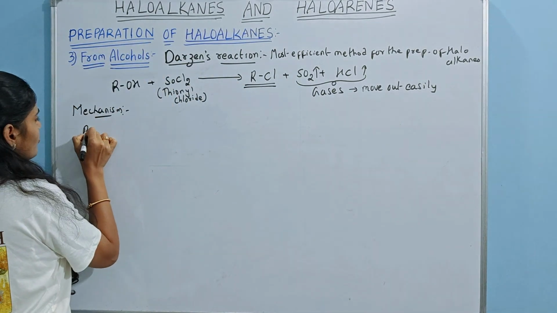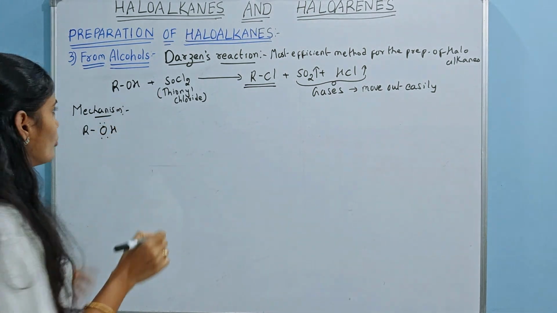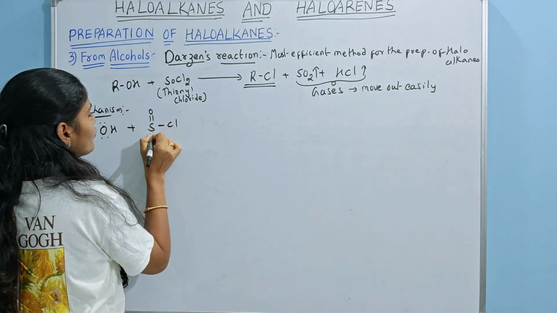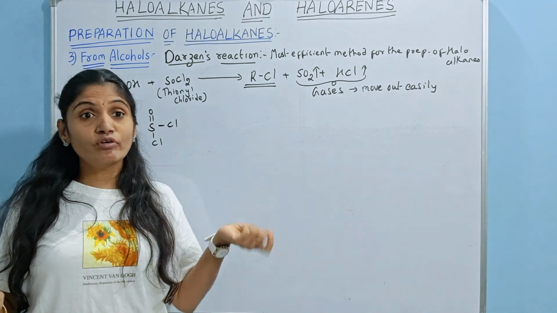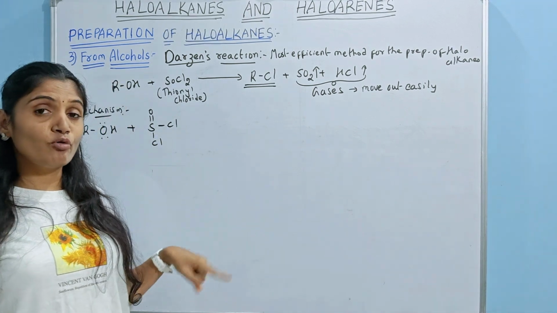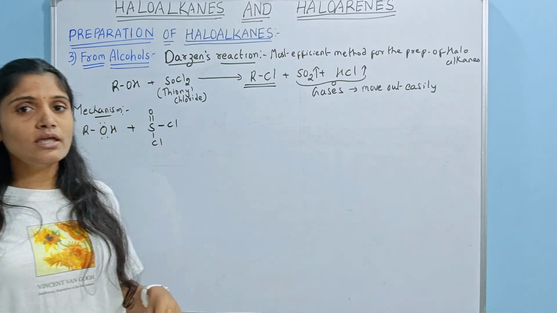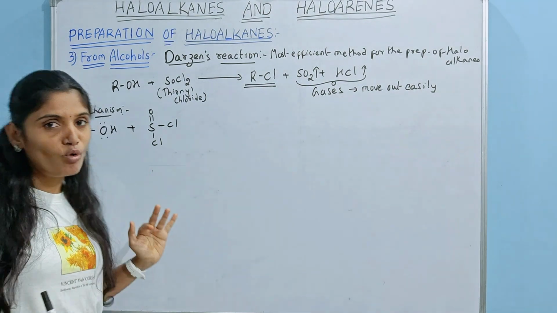If you see the mechanism, as I told you before, in alcohols oxygen has 2 lone pairs of electrons, so it will react with thionyl chloride, SOCl₂. Now, in PCl₃ and PCl₅, I clearly explained why phosphorus is more interested in the lone pairs of oxygen. In the same way, here also we'll see why sulfur is more interested in the lone pair of oxygen.